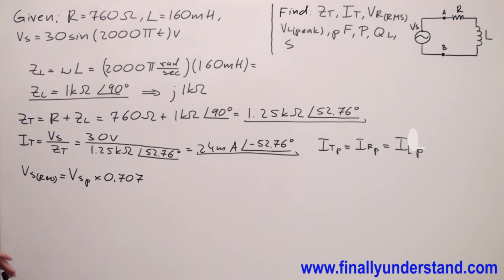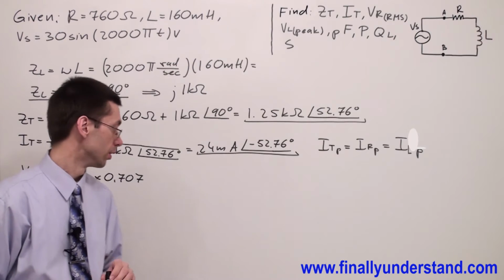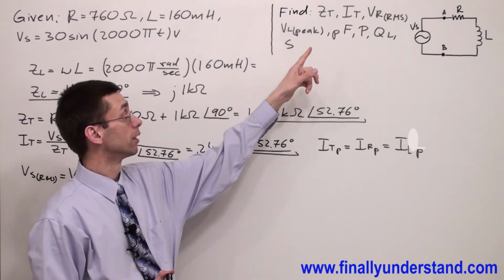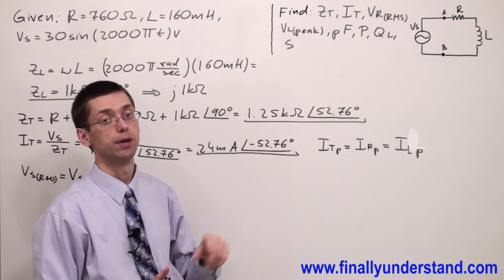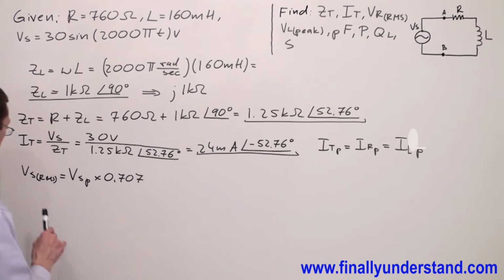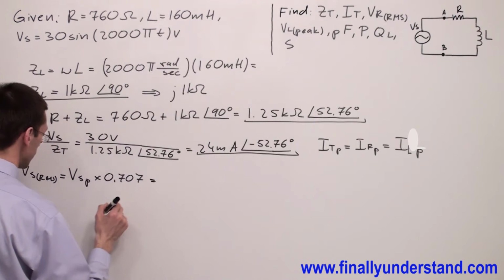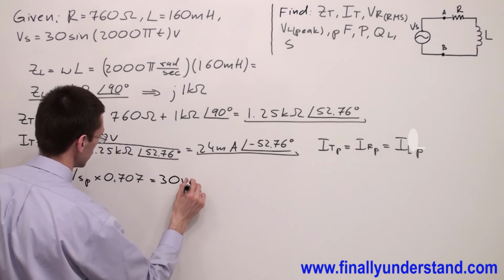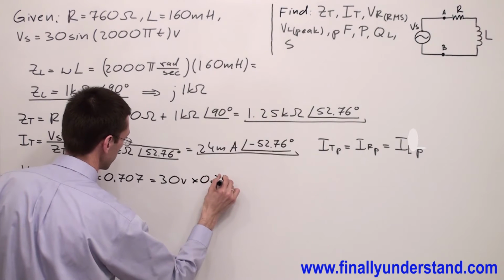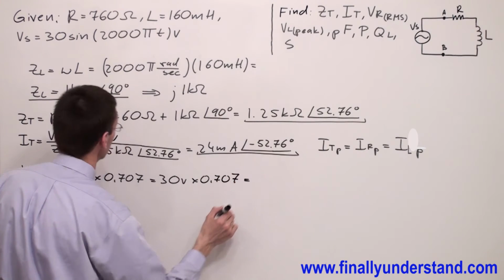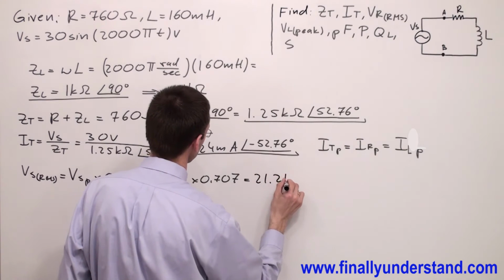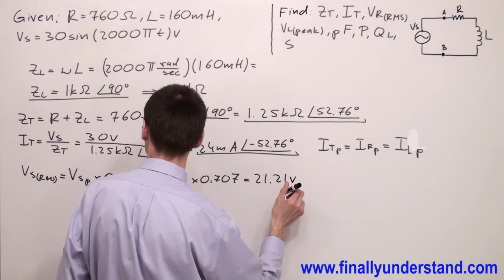Because I want to use the voltage division law and I'm looking for voltage across the resistor RMS, I'm going to convert the voltage source to RMS first. So voltage source is equal to 30 volts times 0.707. This is equal to 21.21 volts.